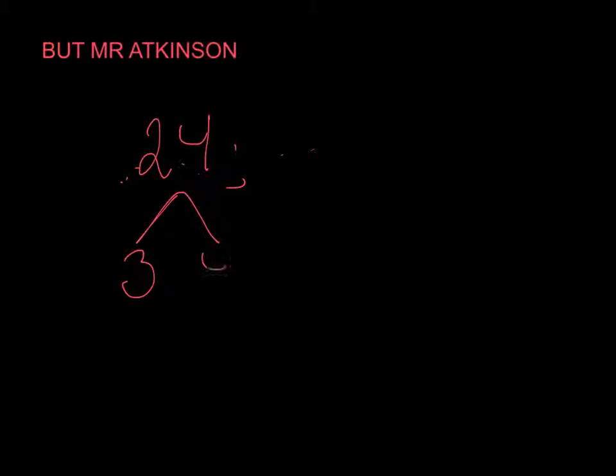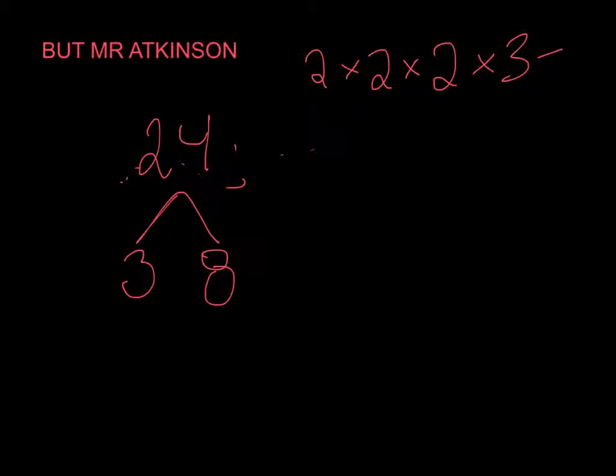Let's say you go 3 times 8. Remember that our prime factorization was 2 times 2 times 2 times 3 equals 24 from the last example, where we broke 24 up into 2 and 12 first.